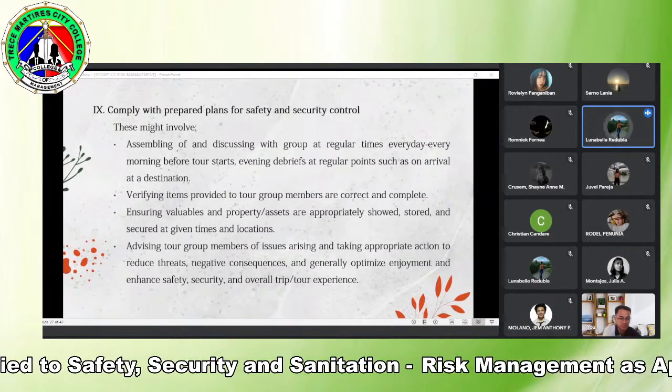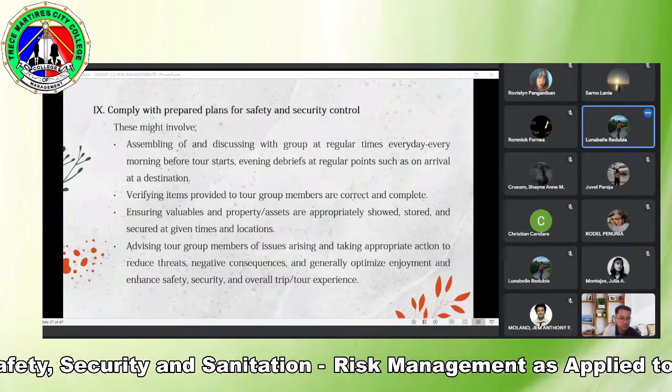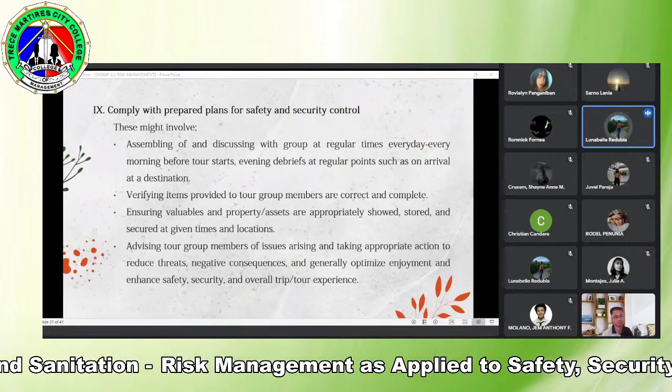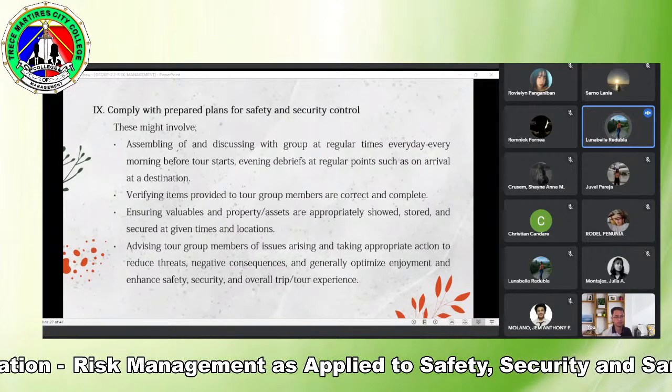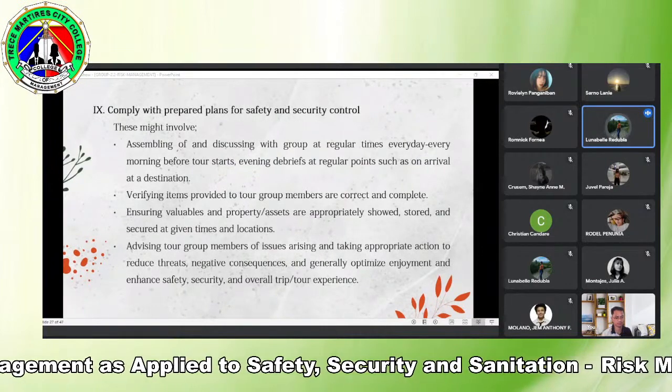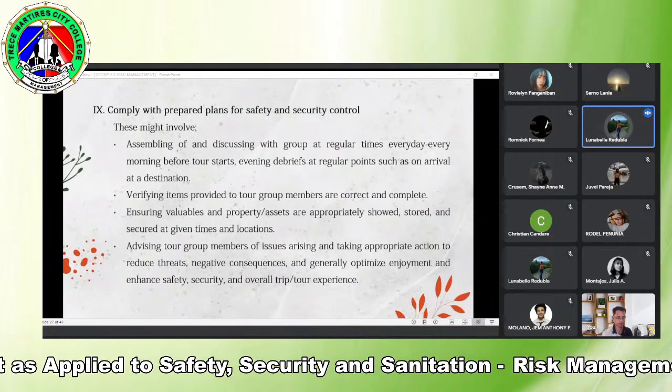Advising tour group members of issues arising and taking appropriate action to reduce threats, negative consequences, and generally optimize enjoyment and enhance safety, security, and overall trip tour experience.